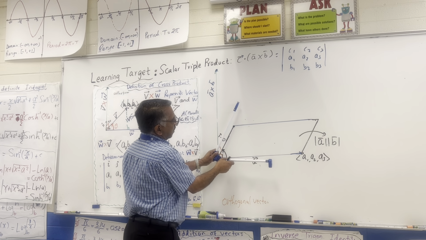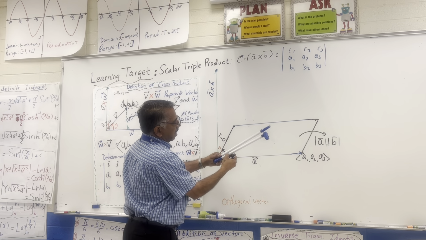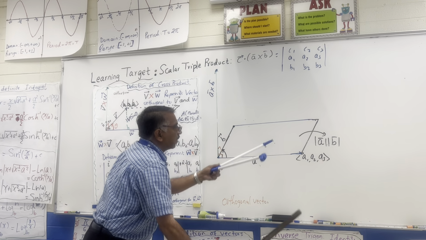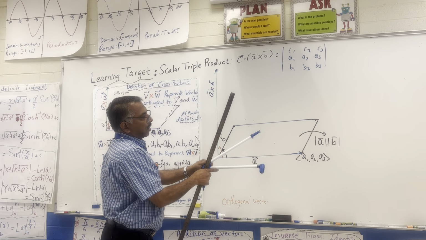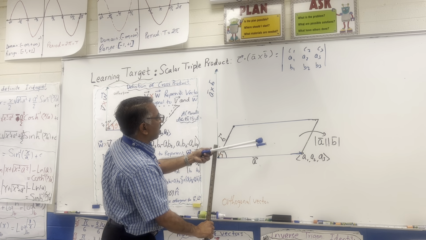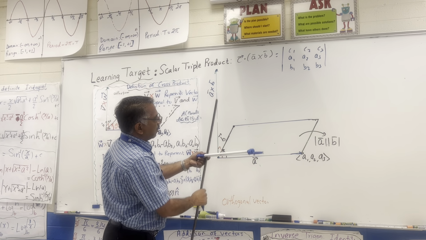So when you write A cross B, basically when you cross A and B, the green vector, when you rotate this in the counterclockwise direction, you will see this vector goes up like this. That's how the vector A cross B goes.